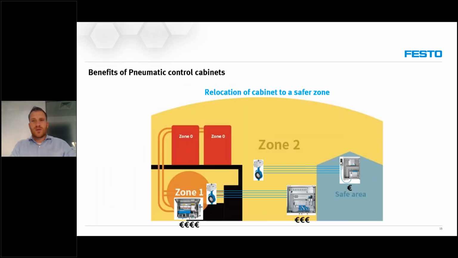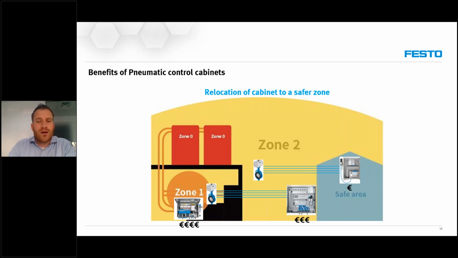So one of the topics mentioned before is that with control cabinets we are able to relocate pneumatic functions outside the zone. So for example, and this is what we try to illustrate with this picture, in case we have a zone 1 application with a process valve, in this case the butterfly valve, we can control this completely from the zone itself, close by in the most sensitive and hazardous environment.